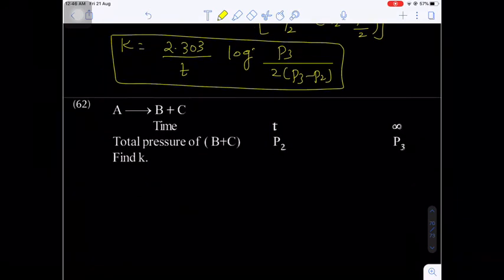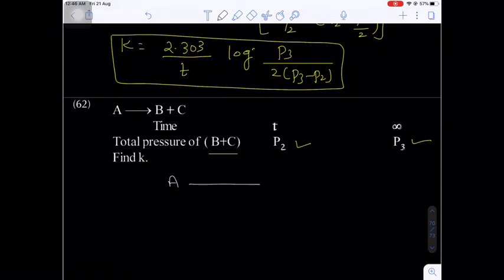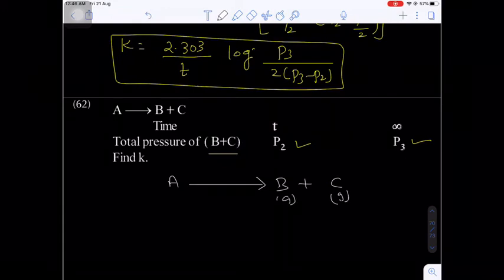Now one more question is given. In this question, the total pressure of B plus C is given as P2 at time T, and P3 at infinity time. Again I am writing the equation: A gives B plus C, all are gases. What is the initial time? 0.